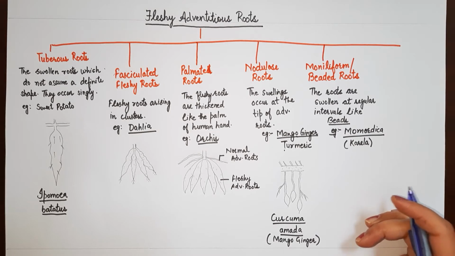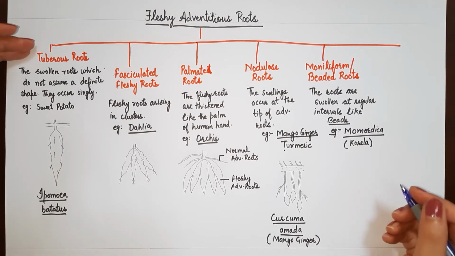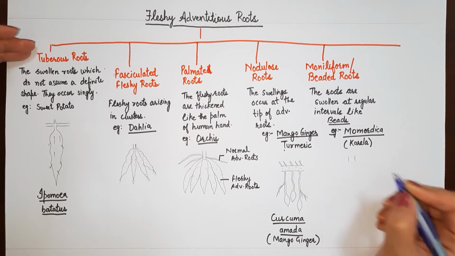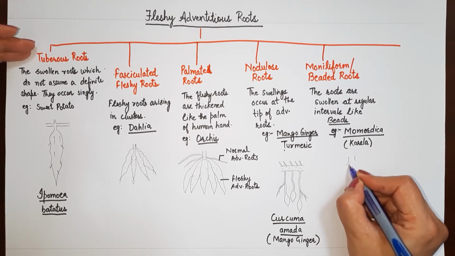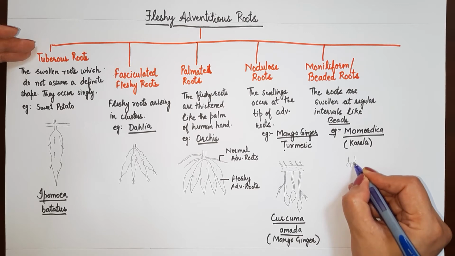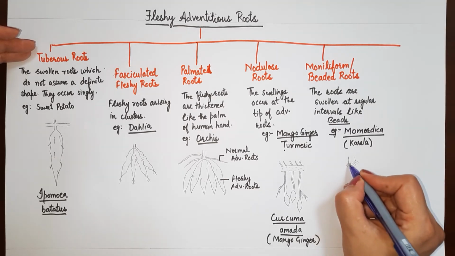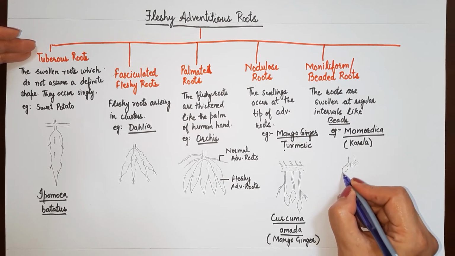Okay, the diagram of moniliform or beaded roots. So now you will show a single point, and from that point multiple roots are arising in a cluster and they are beaded at regular intervals.